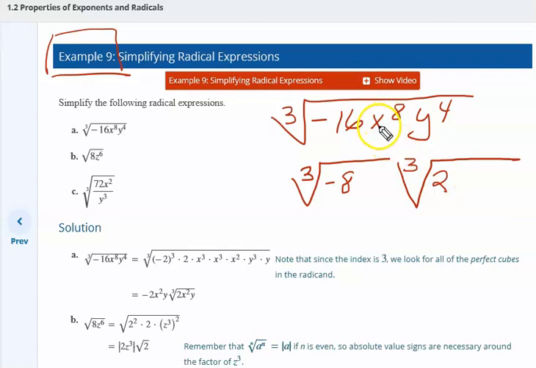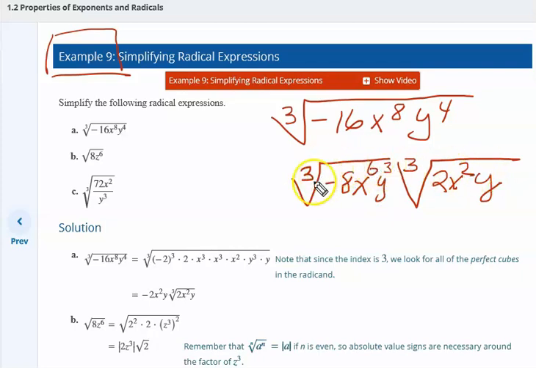Now, what's a perfect cube of x to the 8th? Well, the smallest one would be x to the 6th. That would be a perfect cube. And you would have x to the 2nd left over. And for y to the 4th would be y to the 3rd with a y left over.